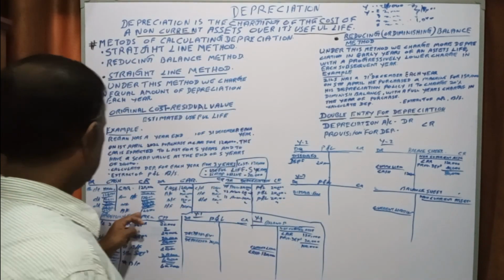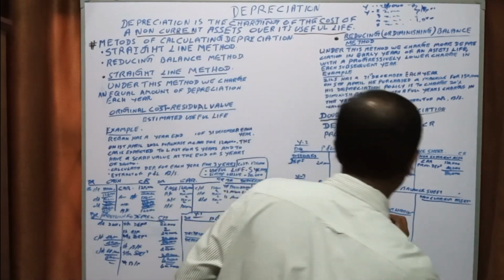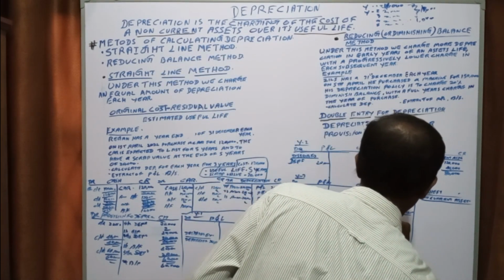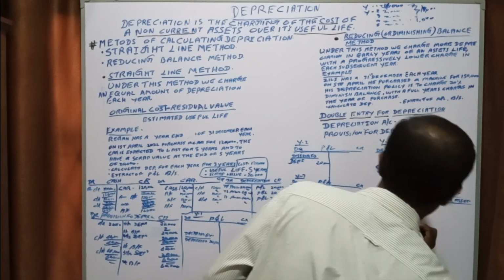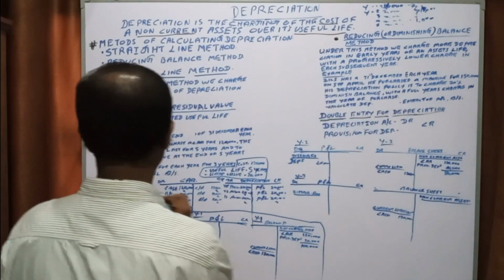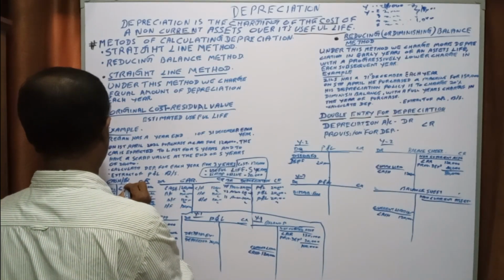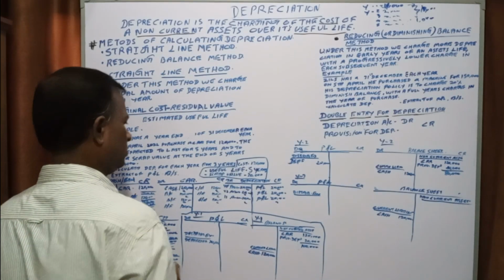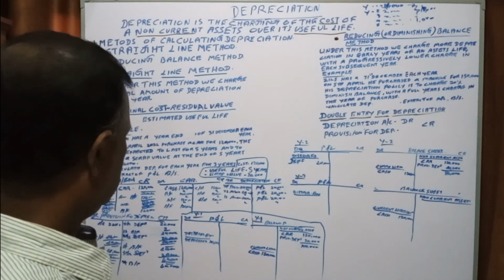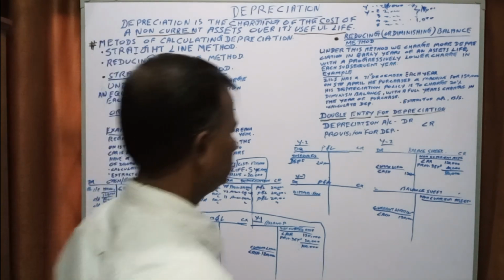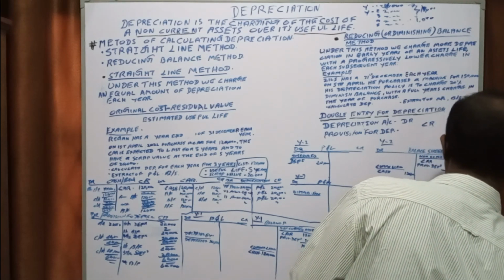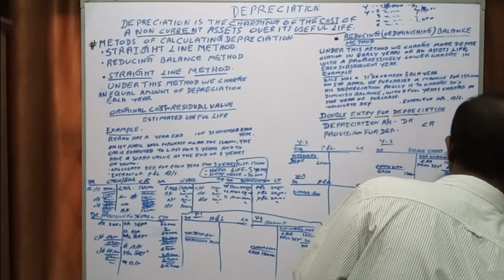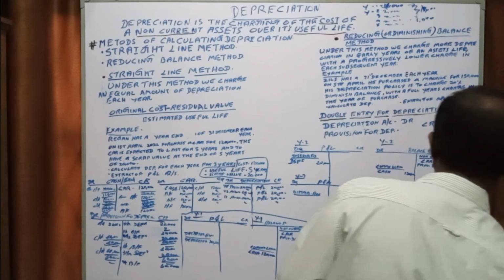In year 3, cash brought forward is 120,000. Cash credit balance, say 120,000, cash and bank. And the car balance is always 120,000.